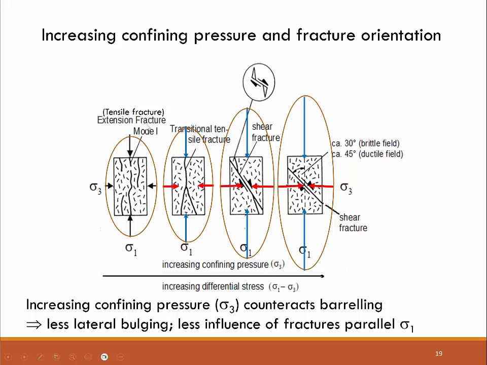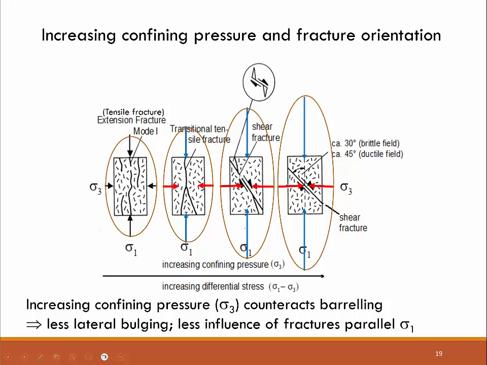Extension fracture is actually not a very good term, though you will read it sometimes in the literature. With increasing confining stress, as we just have seen, lateral barreling is increasingly counteracted, and we form transitional tensile fractures which have a component of tensile opening but also a component of lateral shearing.